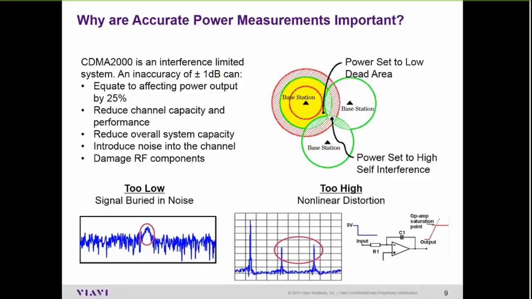So if you have a cell planning that's designed to have power, say, at 40 watts, or 40 dBm, I should say, and it's running 1 dB below that value at 39, you can actually have coverage holes that show up between the three different sectors that are supposed to provide coverage for that area. So you end up with a dead area or a place where you have calls drop.